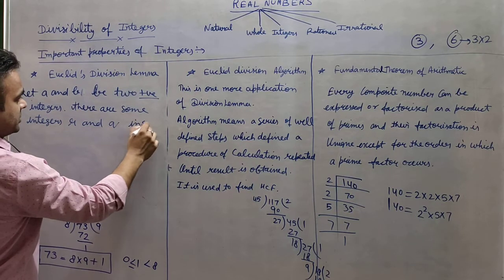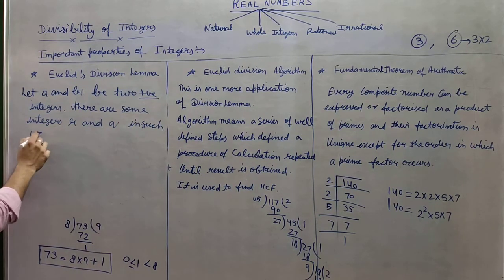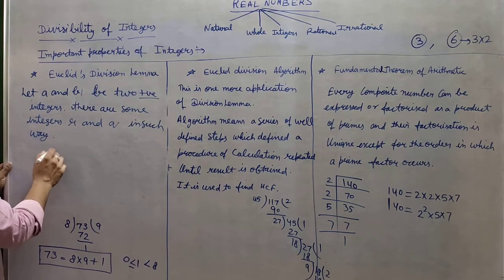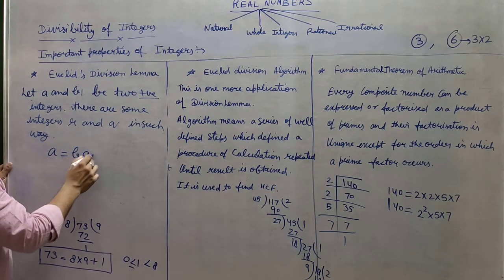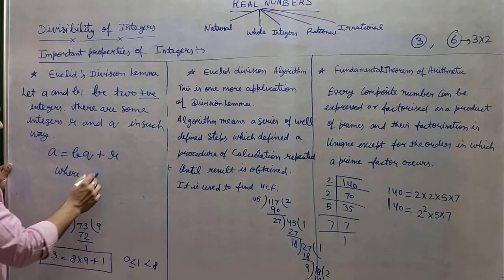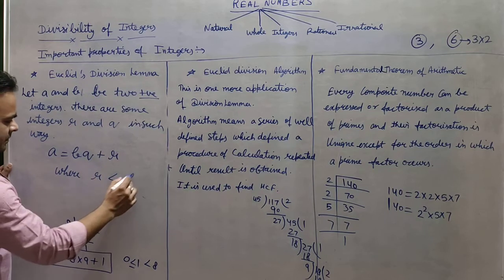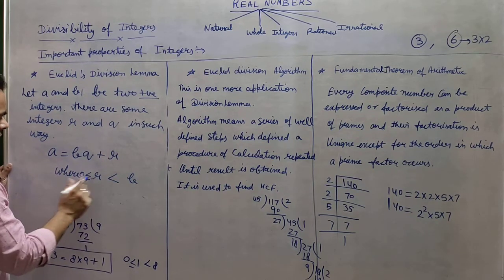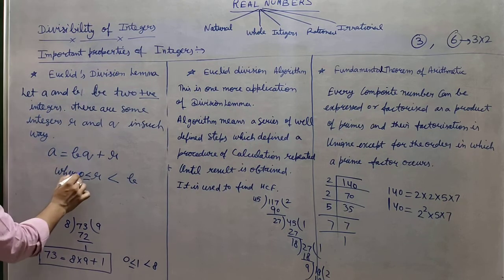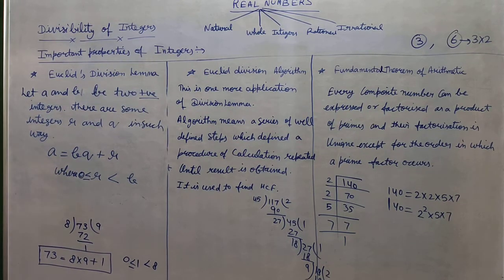Why am I using "in such a way"? Because we want the relation of these r and q in the same way which I am writing here: a equals bq plus r, where r is greater than or equal to 0 and less than b. So the meaning of this statement is this.